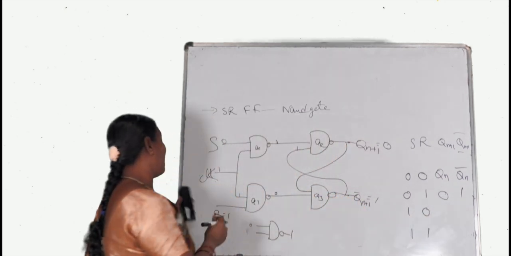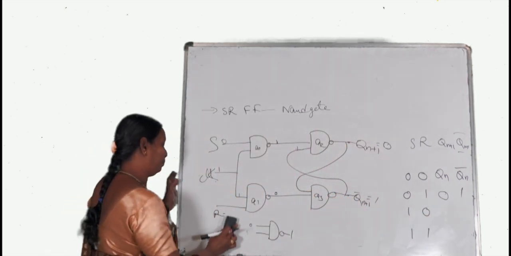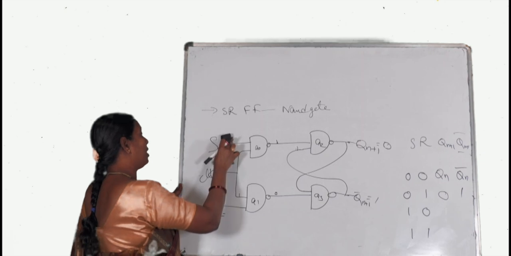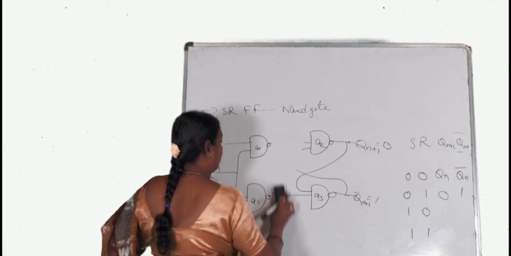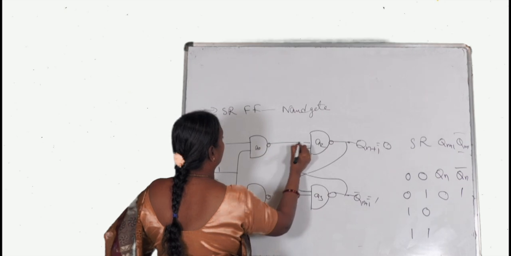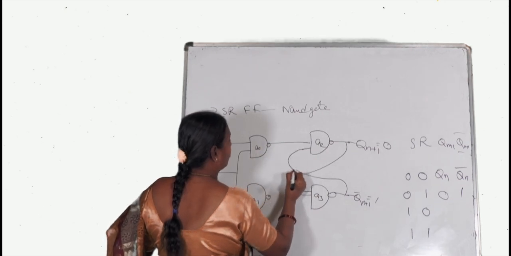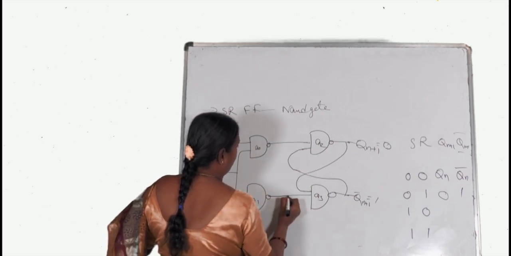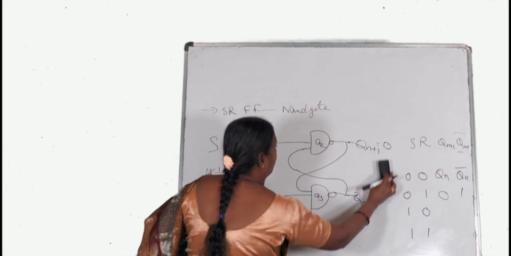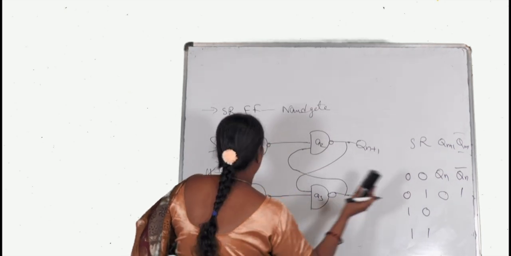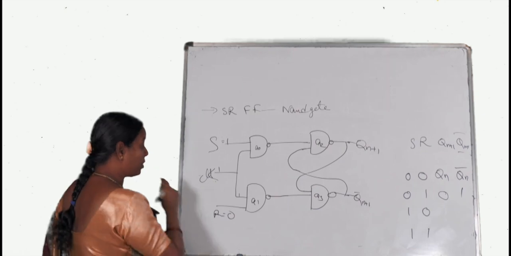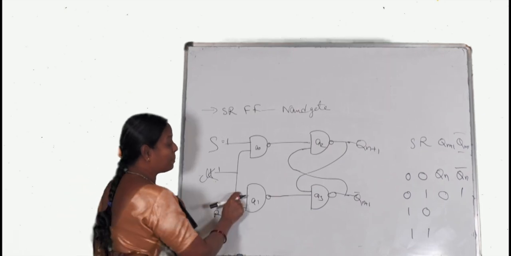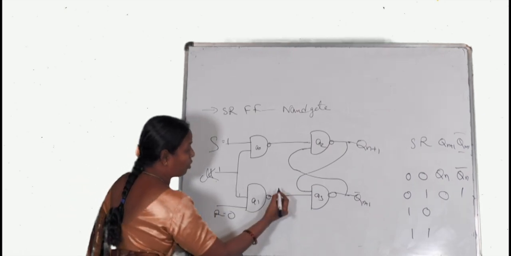The next combination is 1, 0. So now S is equal to 1, R is equal to 0. As R is 0, irrespective of the other input, the output is 1.